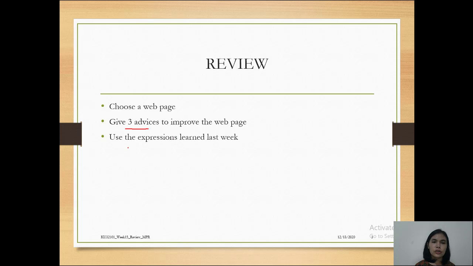You can use the expressions that we have learned from last week. For the category of a good website, you can also use the criteria that we discussed last week: the usability, the learnability, and the other topics mentioned in last week's material.